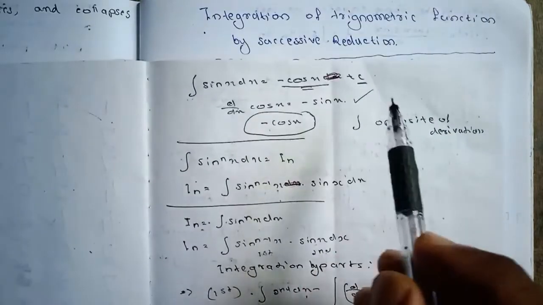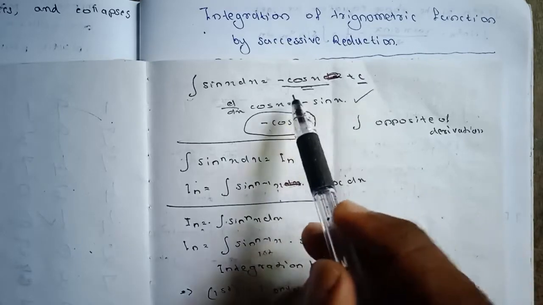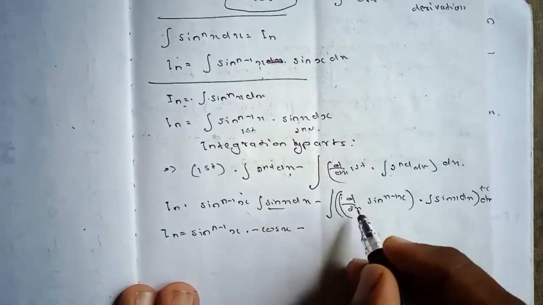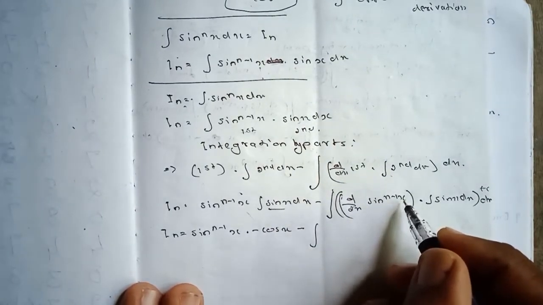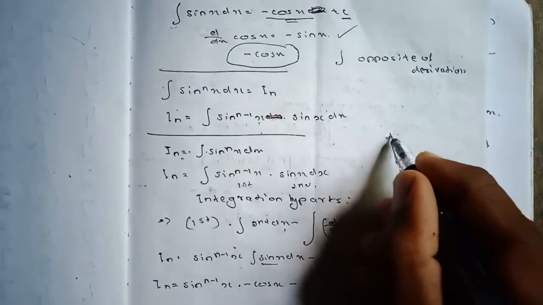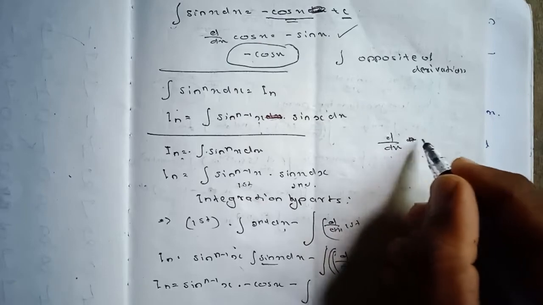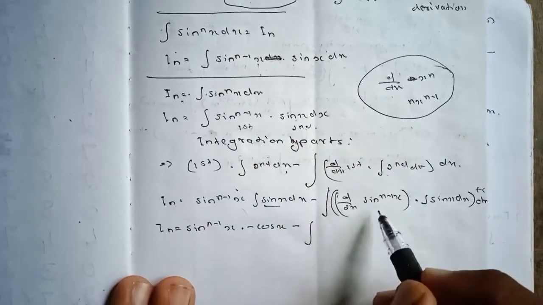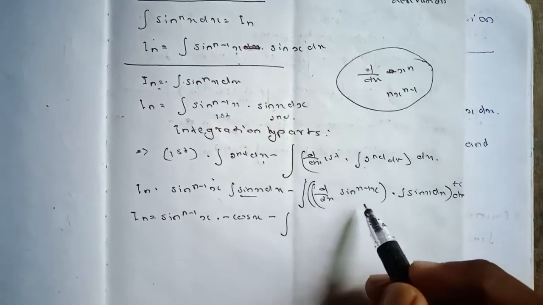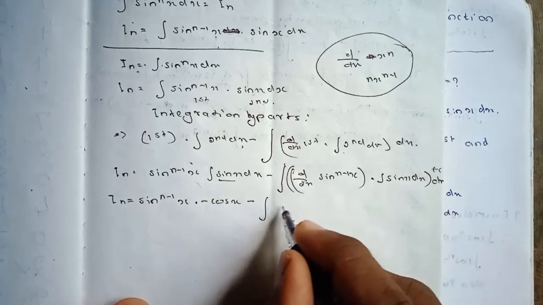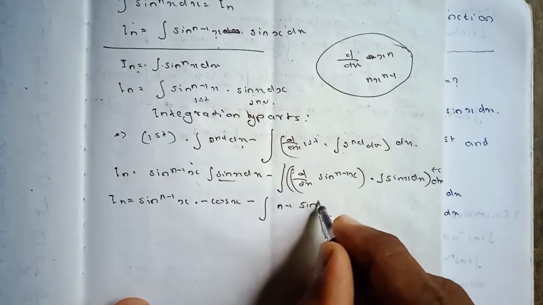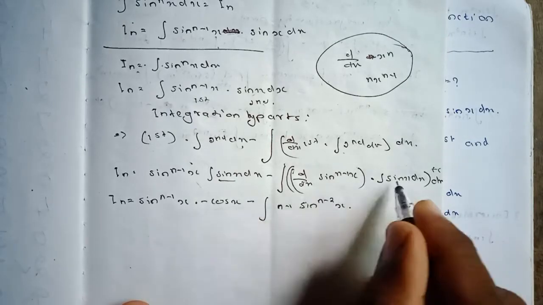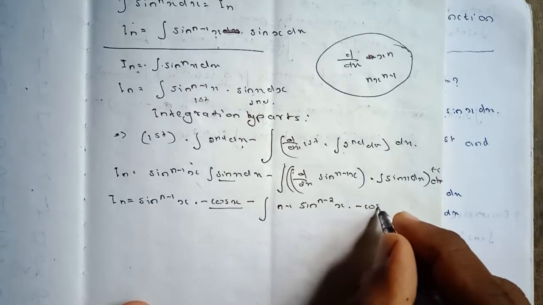So first, don't consider the c here; put minus cos x, then minus the integral of d by dx of sin^(n-1) x. By using the formula for d by dx of x raised to n, which is equal to n into x raised to n minus 1, we can find the derivative of sin^(n-1) x. So we get n minus 1 into sin^(n-2) x. Then the integral of sin x dx is equal to this one, then minus cos x.